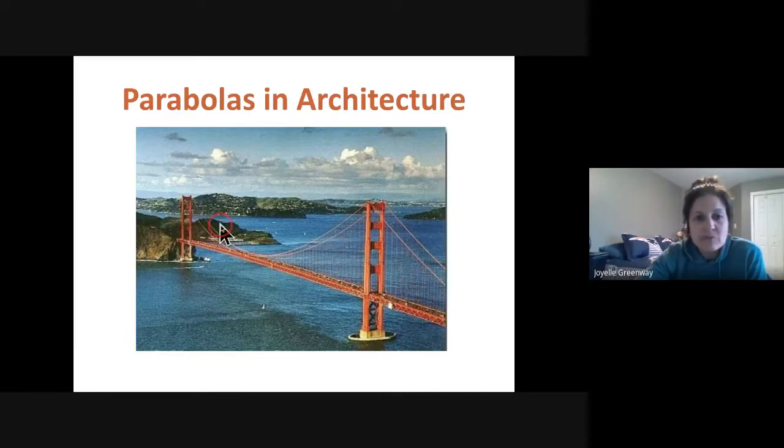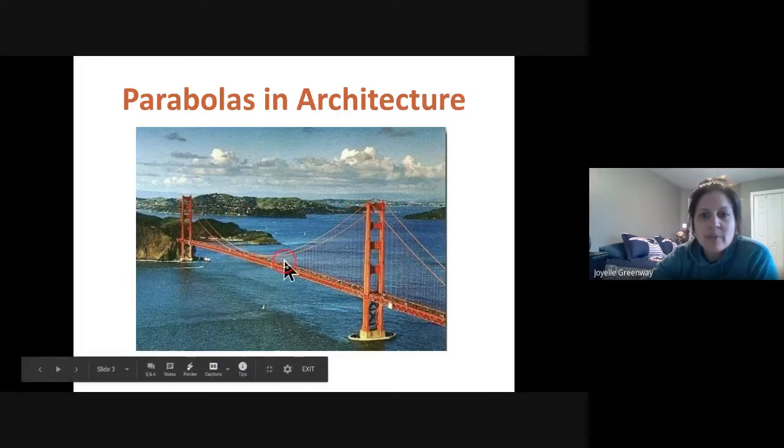When they're making the bridge, this is a parabola. The wires, or I don't know the technical terms for that. I'm sure there's tons of your parents or brothers or sisters or aunts or uncles that know the terminology. I don't. But this part of the bridge that connects to these uprights, that's in the shape of a parabola.